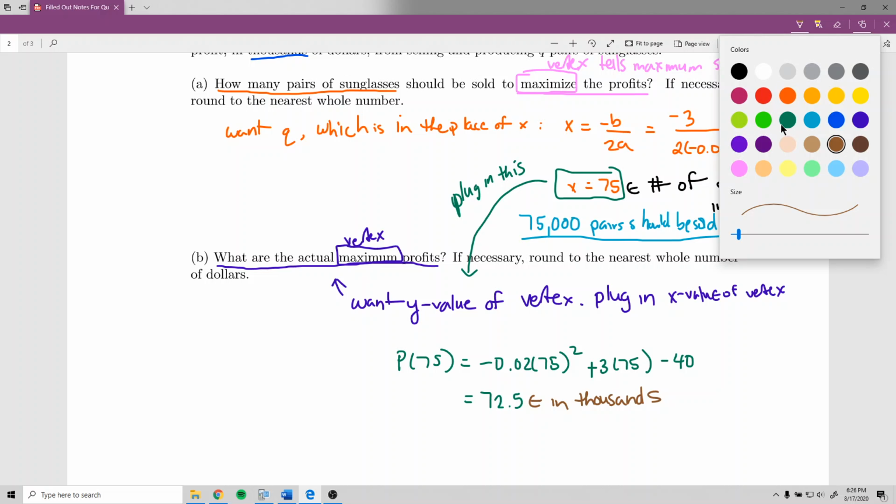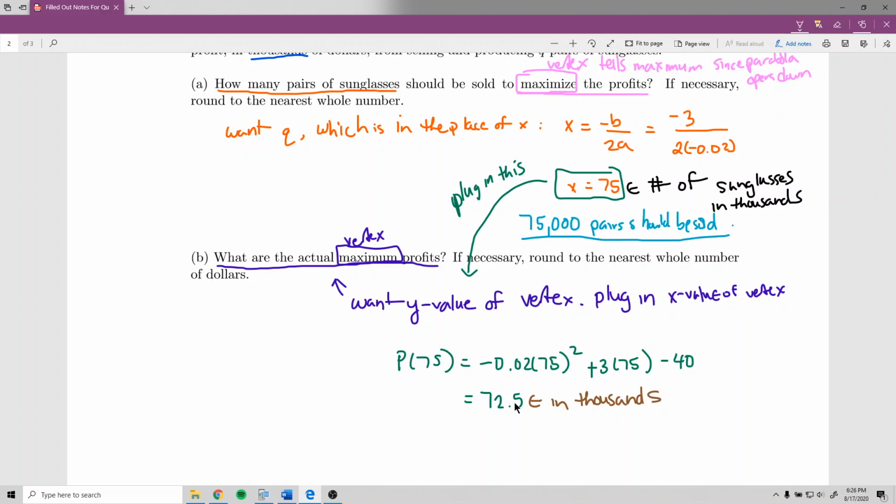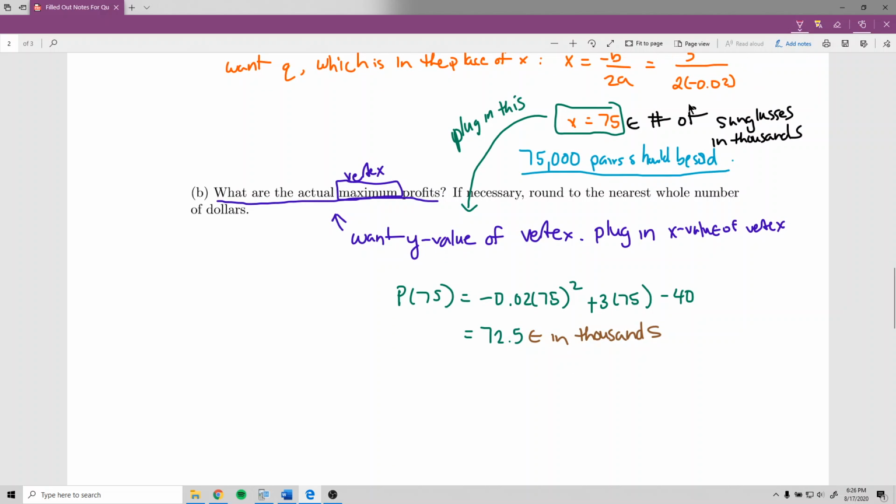Now, one thing I'll double check and add in the comments here is, how do you get your answer? Should I round this first and then multiply by 1,000, or multiply by 1,000 directly? The way I would do it, I didn't program the problem, I would just multiply it by 1,000. If you multiply 72.5 by 1,000, you get 72,500 as the maximum profit.